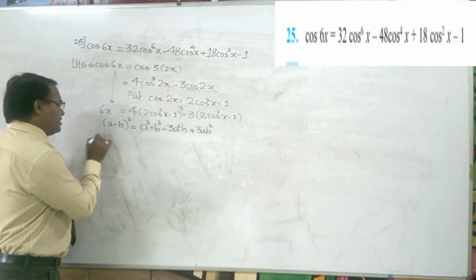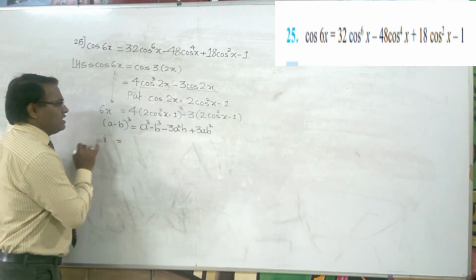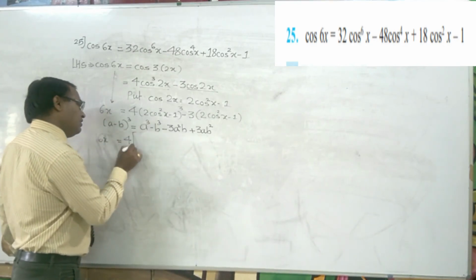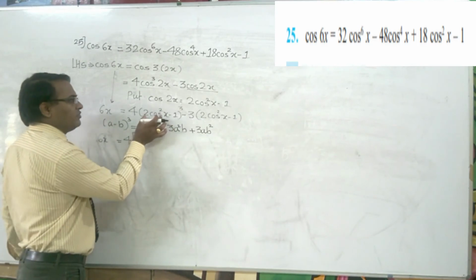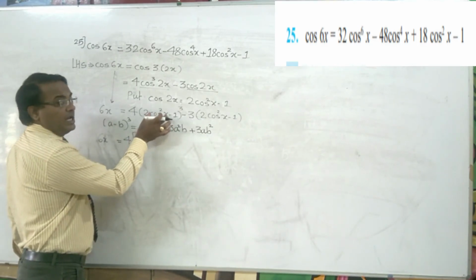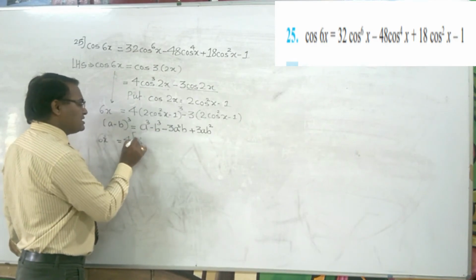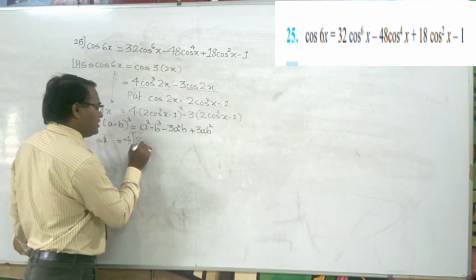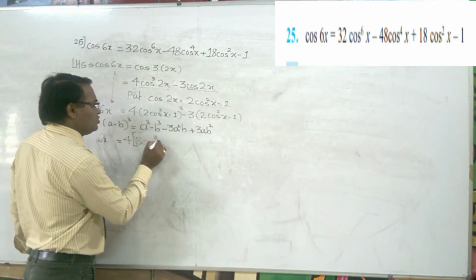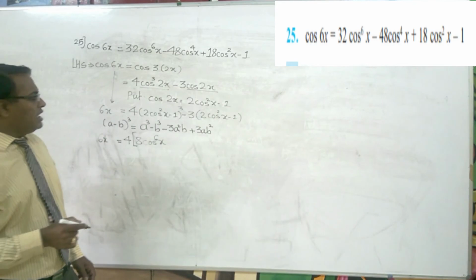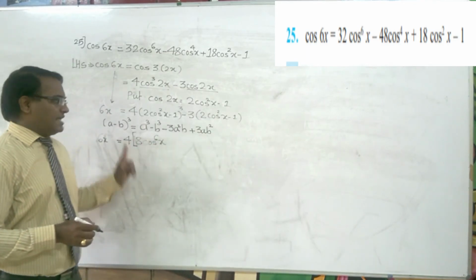So let's apply now. cos 6x is equal to 4 times, and we'll expand it first. First term is 2 cos square x, so a cube is cube of 2, that is 8, then cube of cos square x, so it will become cos raised to 6, right? 8 cos raised to 6x.